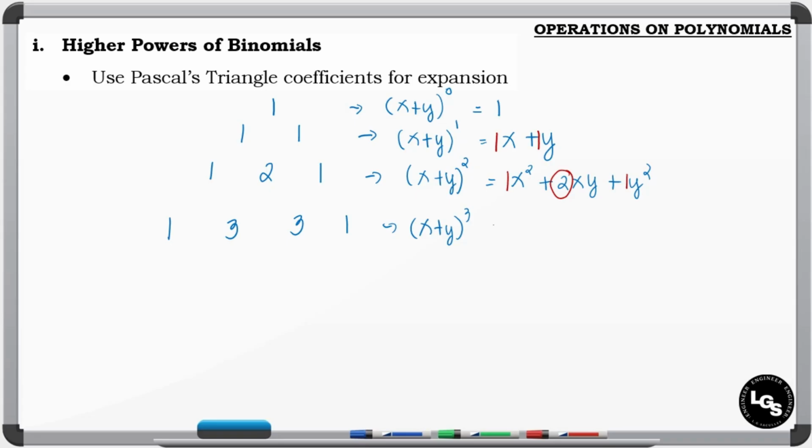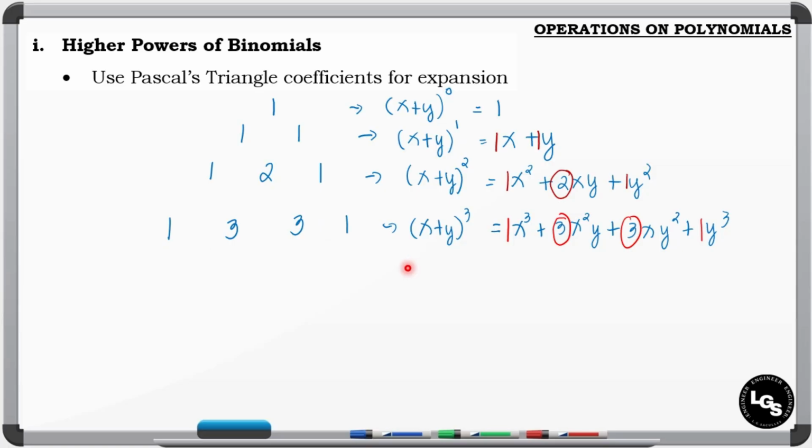So if you remember the cube of a binomial, this is x cubed plus 3x squared y plus 3xy squared plus y cubed. So if we will check its coefficient, we have here 1, the imaginary 1, we have here 3, we have here 3 again, and again, imaginary 1. So it is the same with our Pascal's coefficient.